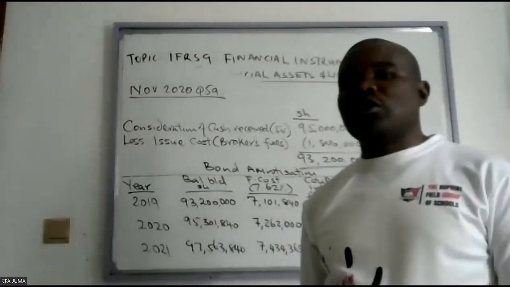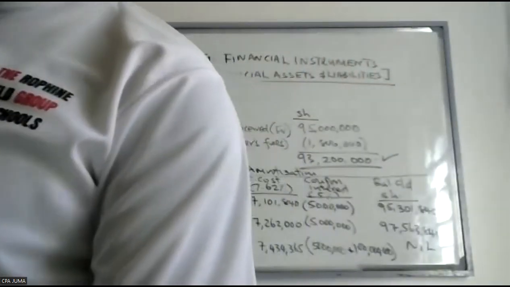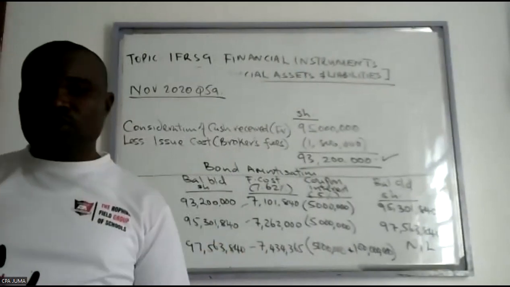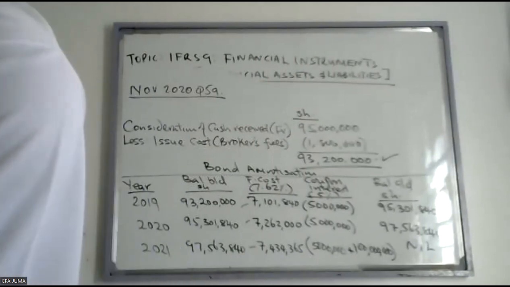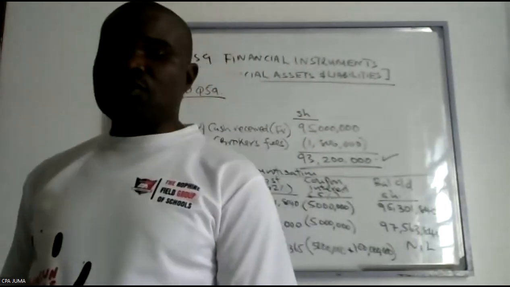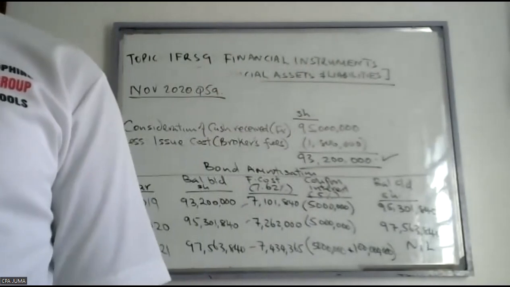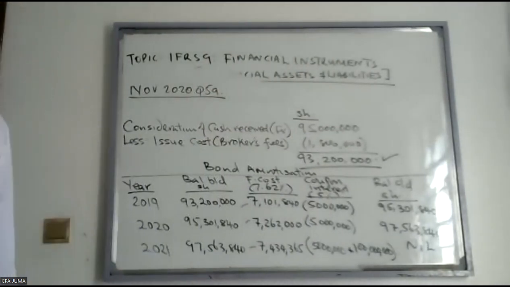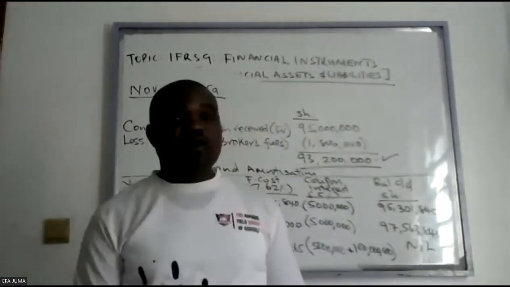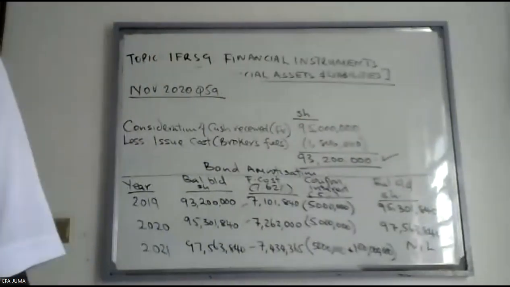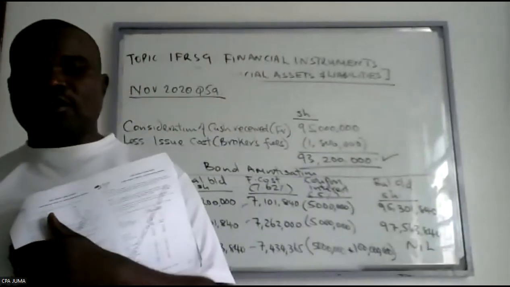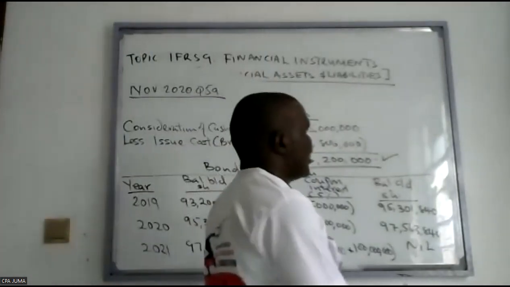Dodoma Limited should recognize a finance cost in each year in the statement of profit/loss, while the amortized cost at the end of each year should be recognized as a financial liability.